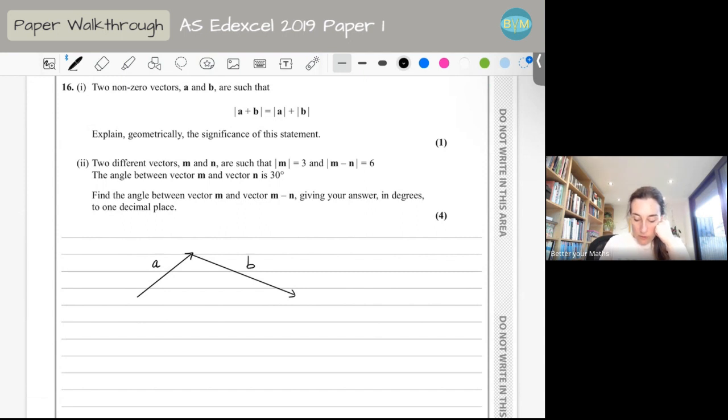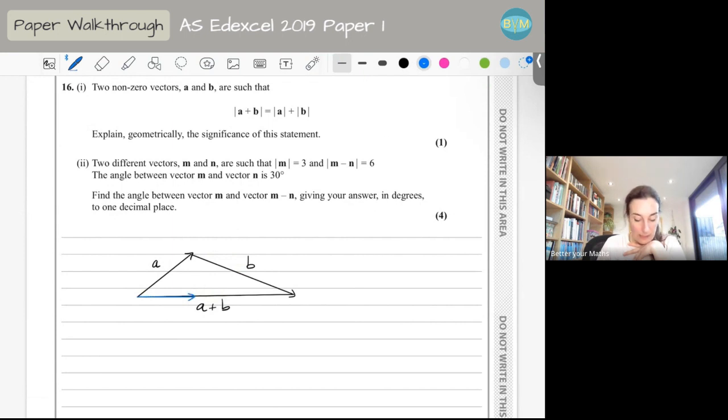You know that when you add two vectors, you can put one after another, and you join the beginning of one with the end of the other. So this is A plus B. If the magnitude of this vector is the magnitude of this one plus the magnitude of this one, what do you think is happening? Because if I have a triangle, these two added together are going to be larger than this one. So what is happening is that my vectors are here.